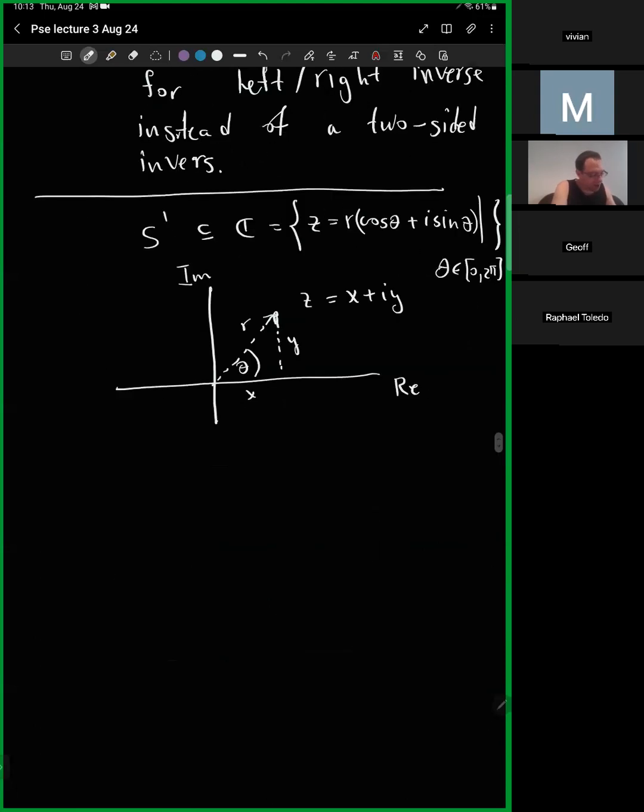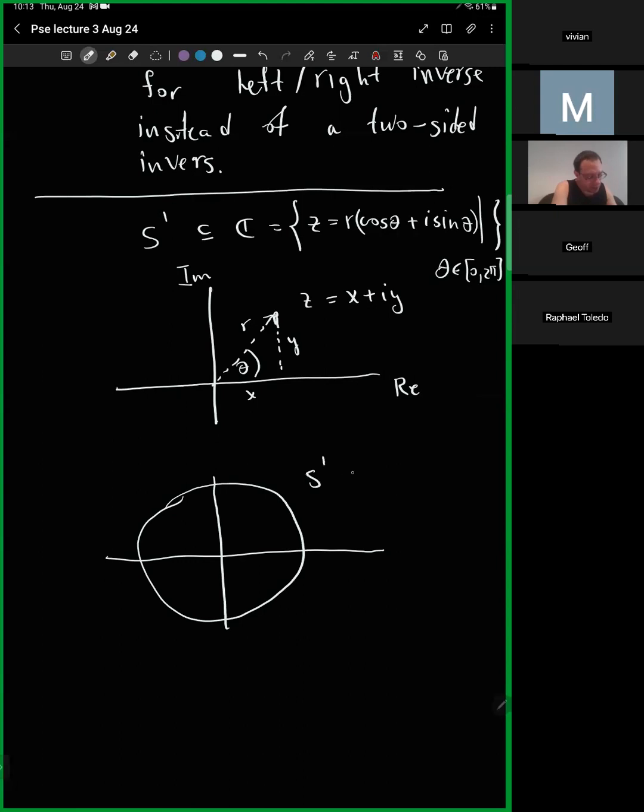So under this representation, I can look at the circle as simply the collection of all complex numbers such that the radius, which we denote by absolute value, is 1. So the circle is simply the complex numbers whose absolute value is 1.